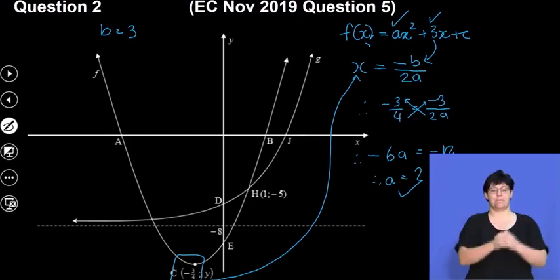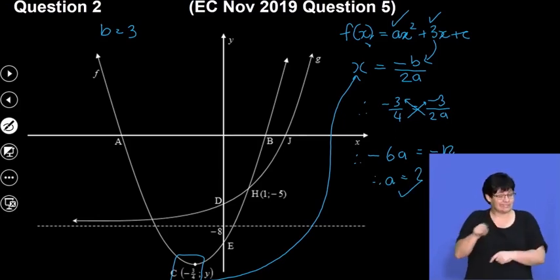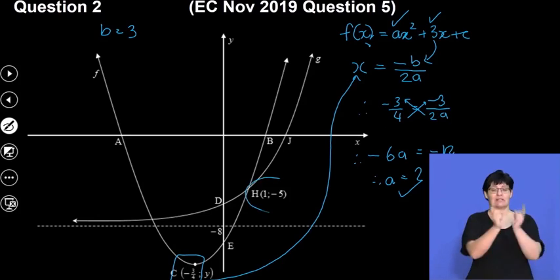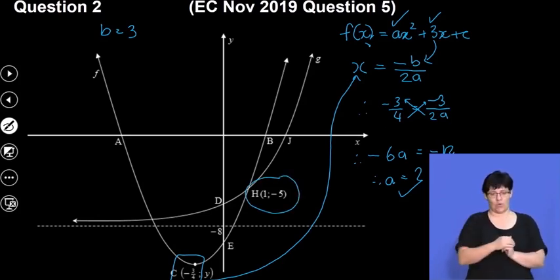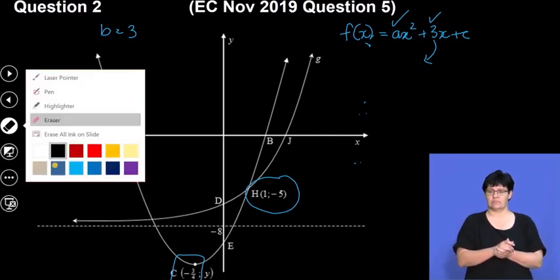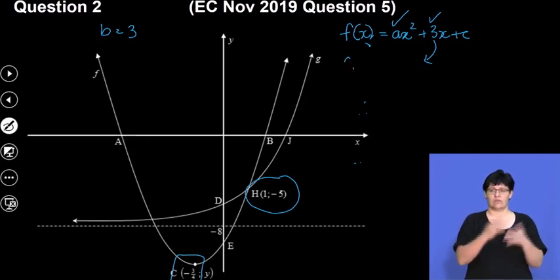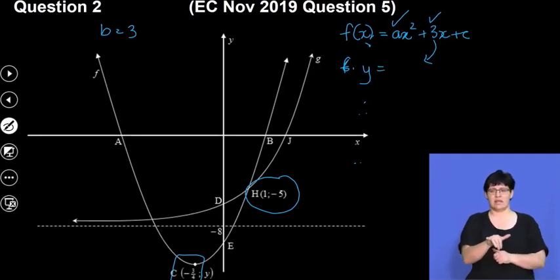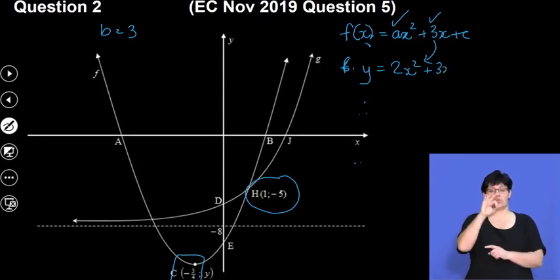All right, so I just need one last value, and that is c. And for that, I'm going to substitute in the point that I know, which is the 1 and the -5. So again, I'm going to just erase some of that. So f of x, or let's say y rather, because we're going to sub a value of y in. Y is equal to 2x squared plus 3x plus c.